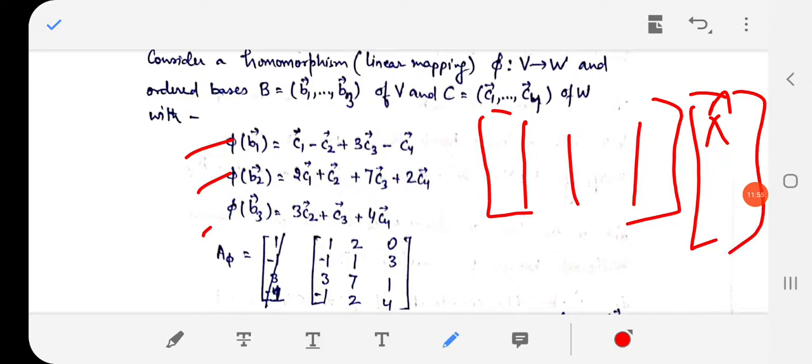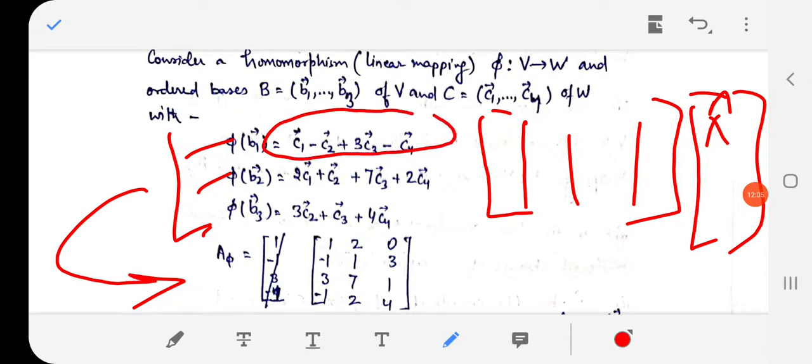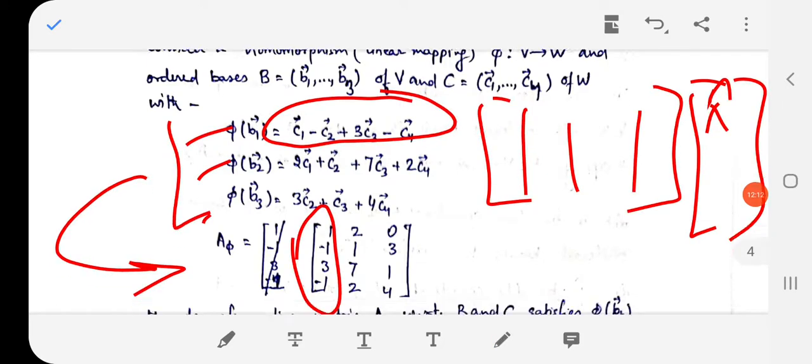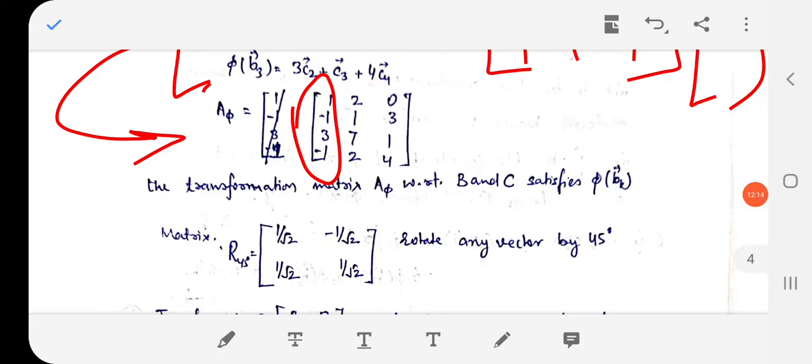So you can see that if this is phi b, then A phi is like this. So this row is actually transformed to this column, right? This is a specific example of the transformation matrix A phi with respect to B and C.